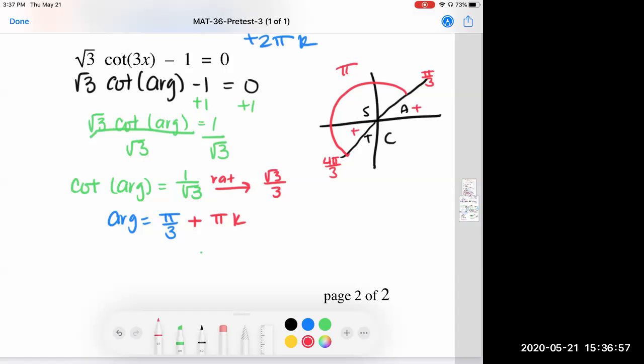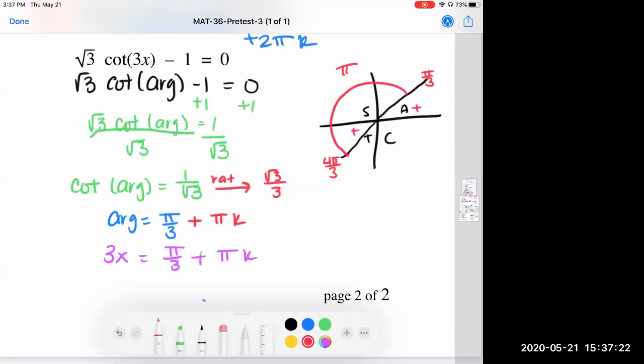All right, last piece. We need to change that arg. So there's a mistake because in his key he has pi over 6. I think he meant pi over 3. I thought I was doing something wrong. All right, so we need to change arg with 3x. 3x is equal to pi over 3 plus pi k.